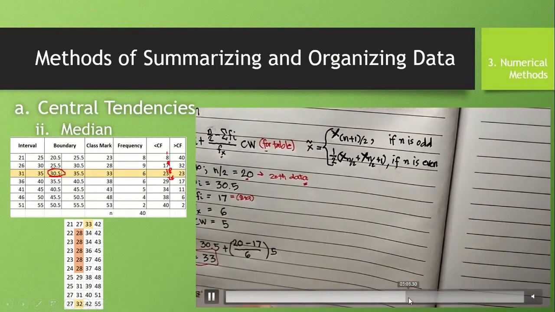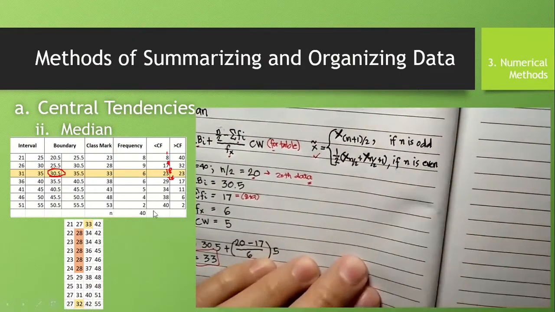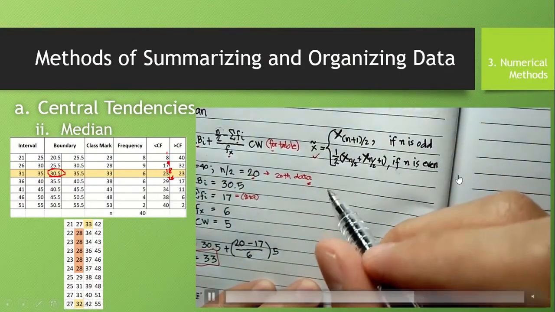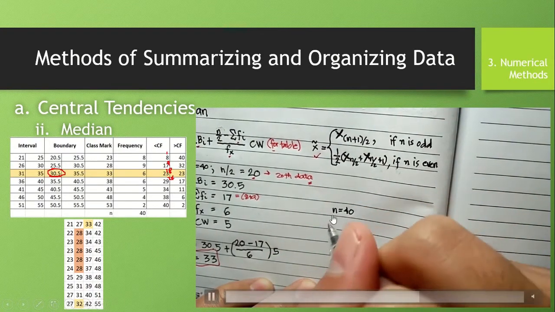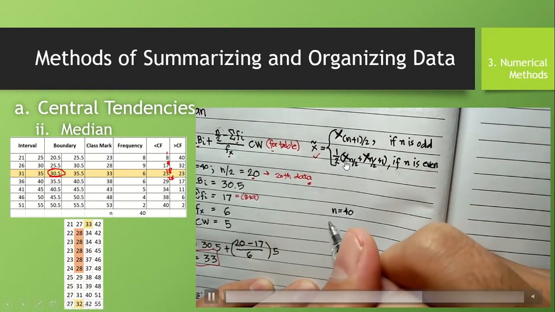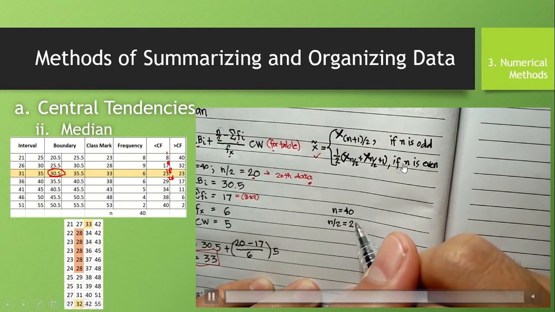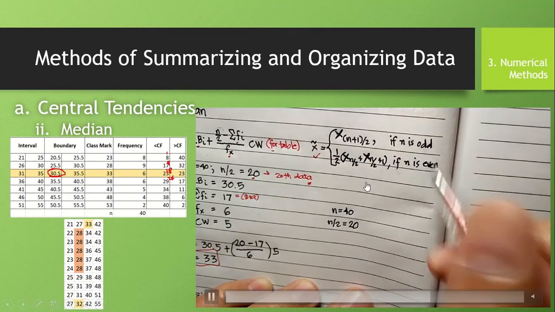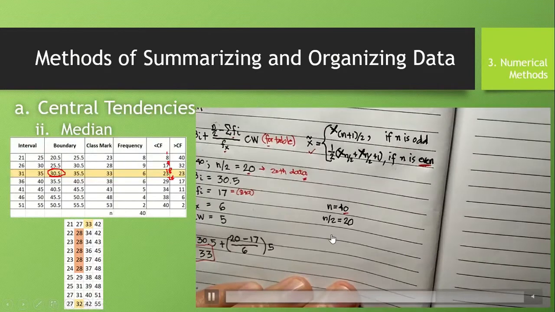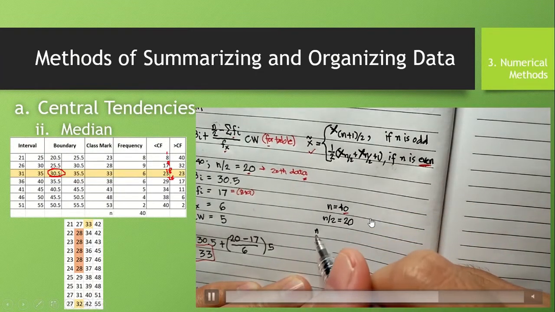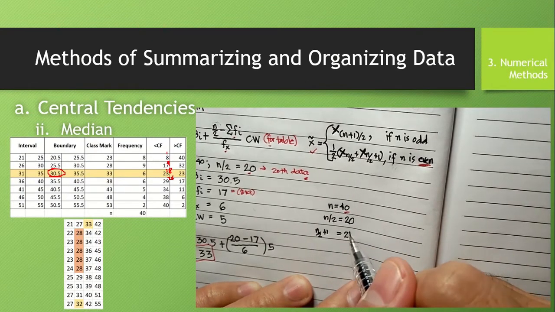Now let's try to solve the median for the ungrouped data. Take note that our n is 40, which means our n is even. So we'll have to get the x sub n over 2 and the x sub n over 2 plus 1. So n over 2 is 20, and therefore n over 2 plus 1 will be equal to 21.